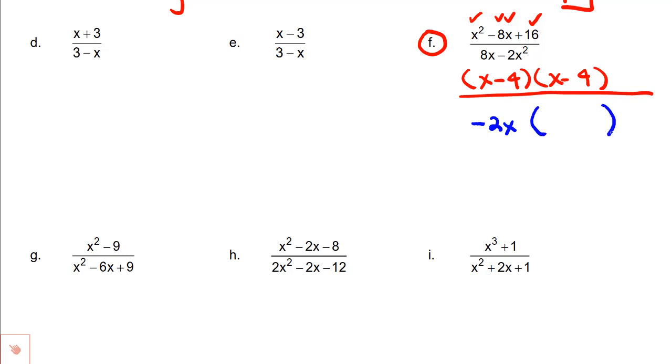And what's left? So how do I make the 8x? Negative 4. Can I put the negative 4 here? Would that bother anybody? And negative 2x times what is negative 2x squared? Just x, right? This will be a negative, this will be a positive.